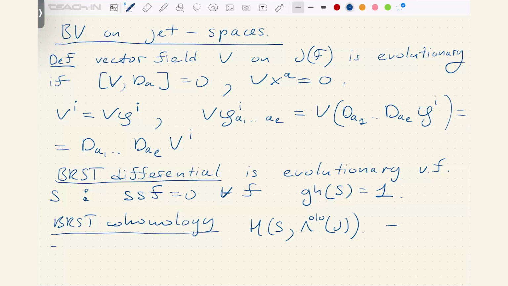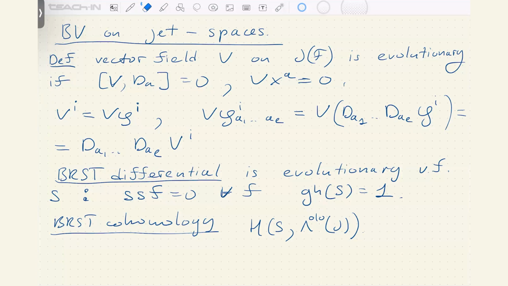This is BRST cohomology, right? But it turns out that this naive BRST cohomology, which are analogous somehow to the ones which we had when we considered toy models, they are not really physically important.